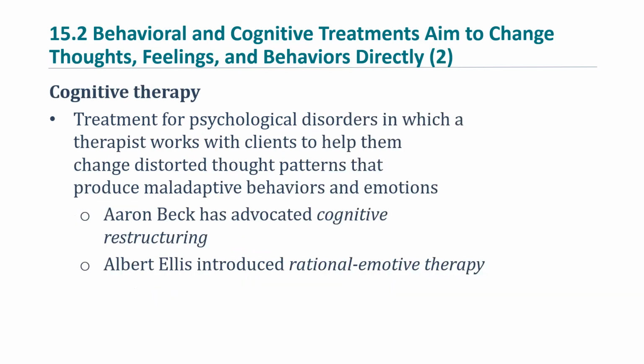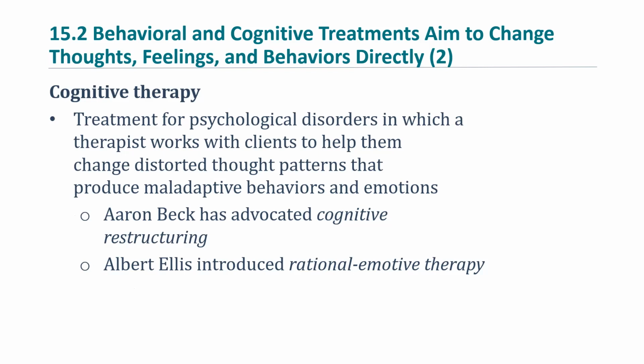Cognitive therapy is a treatment for psychological disorders in which a therapist works with clients to help them change distorted thought patterns that produce maladaptive behaviors and emotions. As opposed to behavior therapy, cognitive therapy deals specifically with thinking.